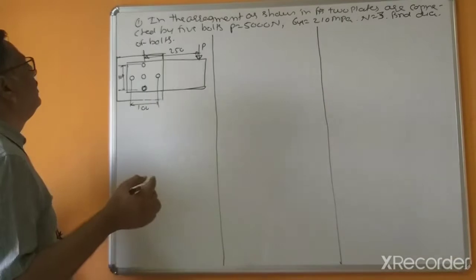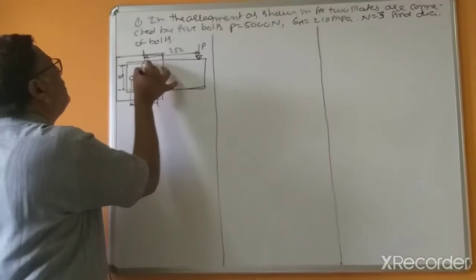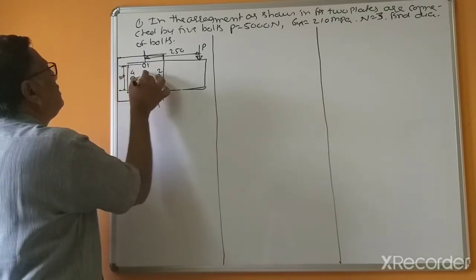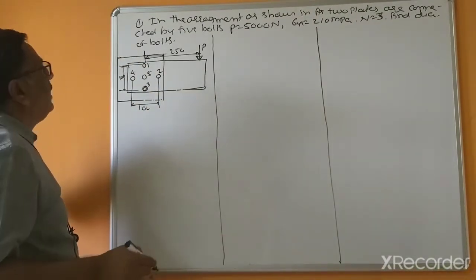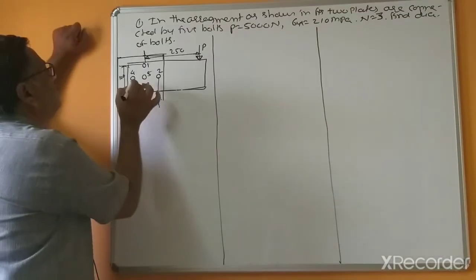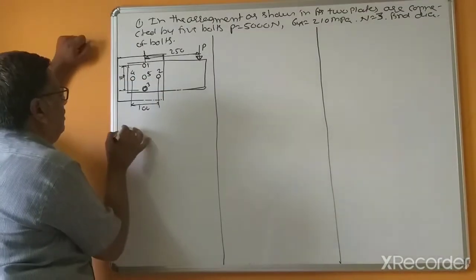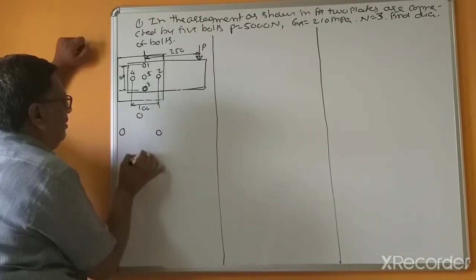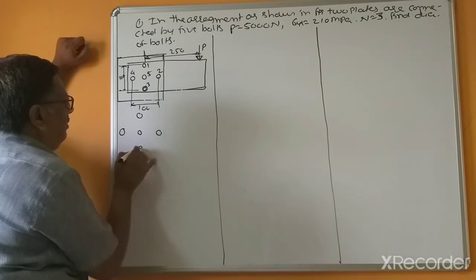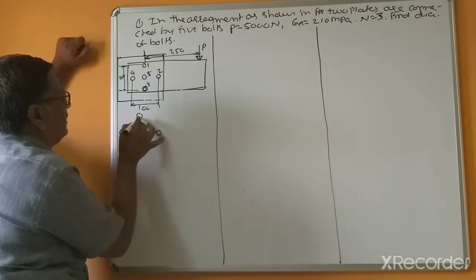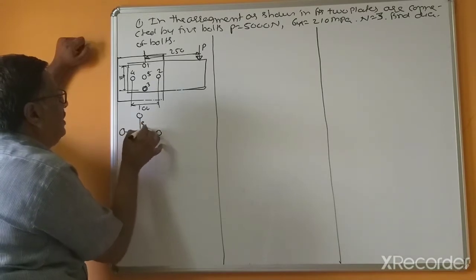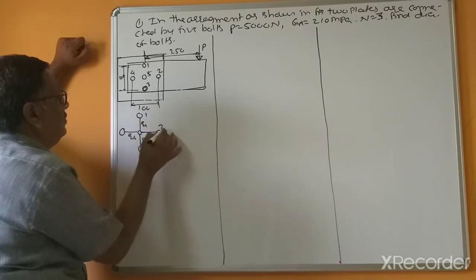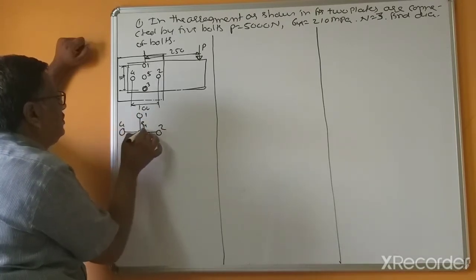First give numbering, start numbering from any bolt. Suppose this is 1, this is 2nd, this is 3rd, this is 4th and this is 5th. And that is distance R1, R2, R3, R4, and this is 5.